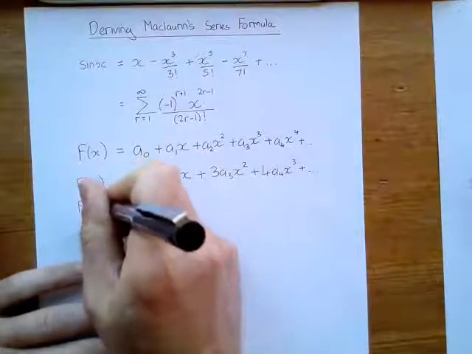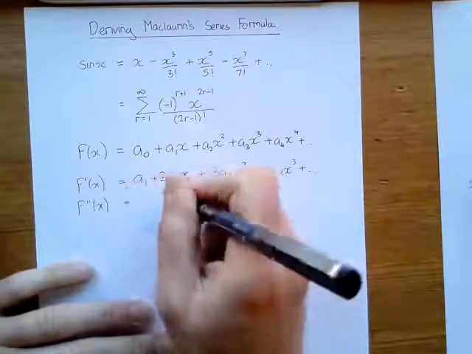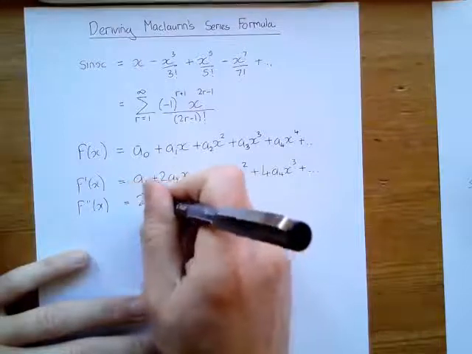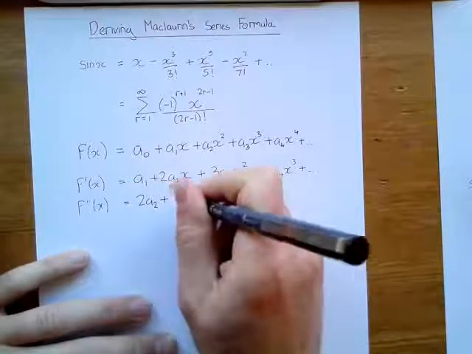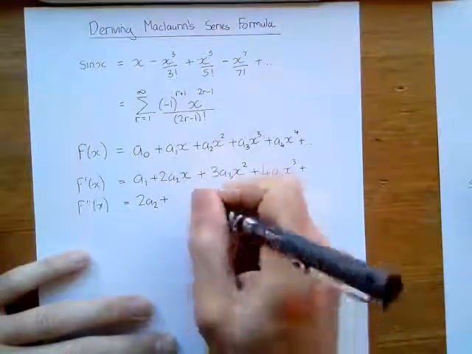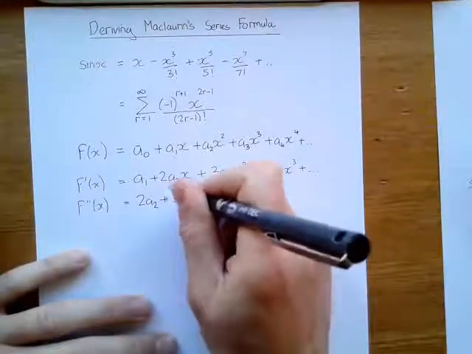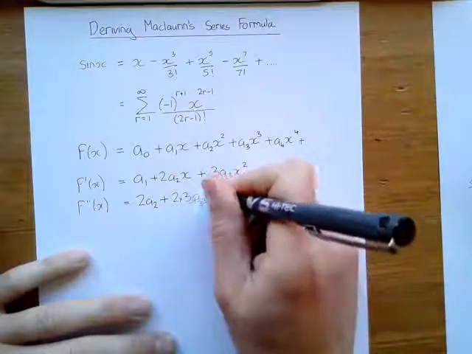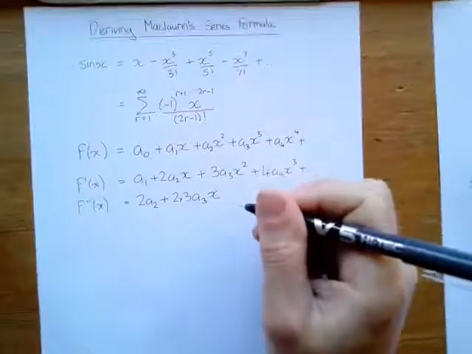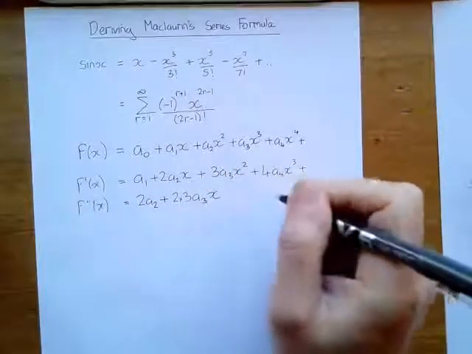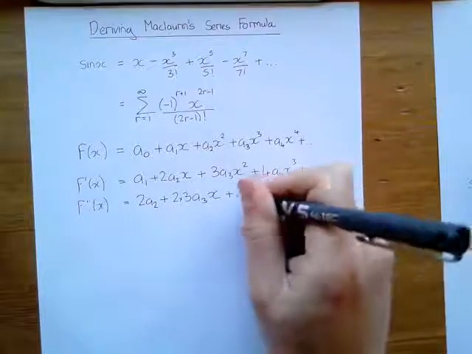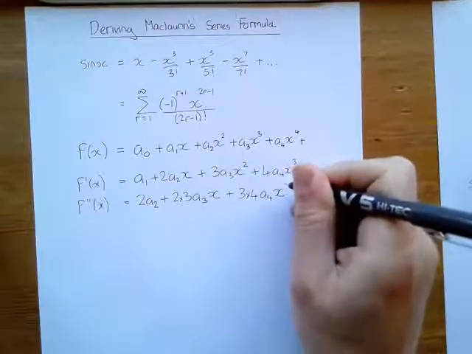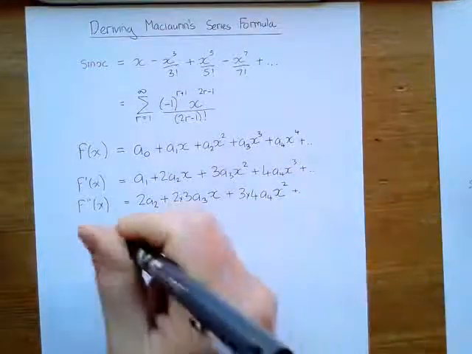Let's do that again to get f double dash of x. So that disappears, and then I just get 2a2 plus, now I'm going to write this not as 6 but as 2 times 3, a3x, and then I'm going to write this as 3 times 4, a4x squared, and that was f double dash of x.